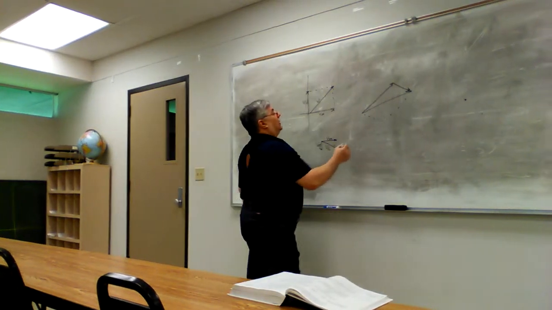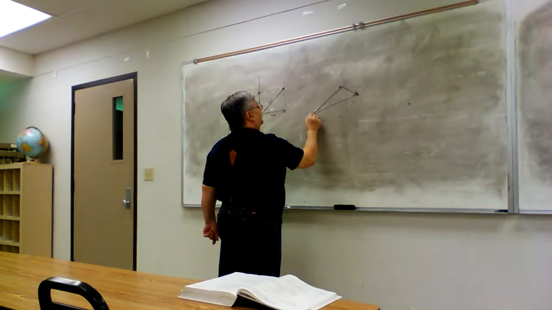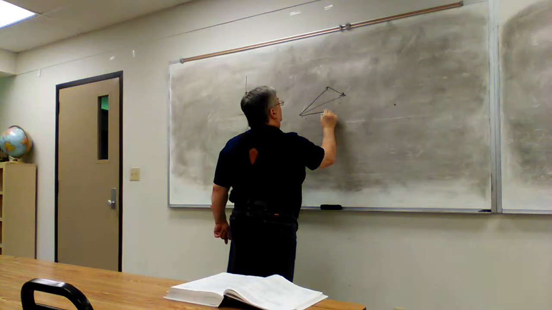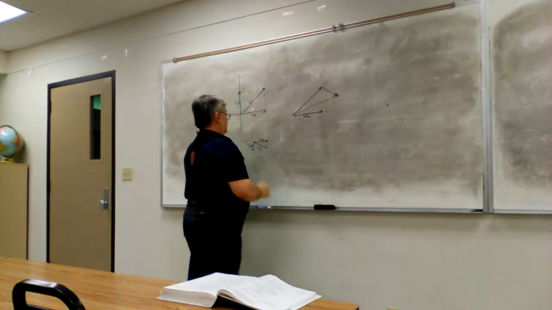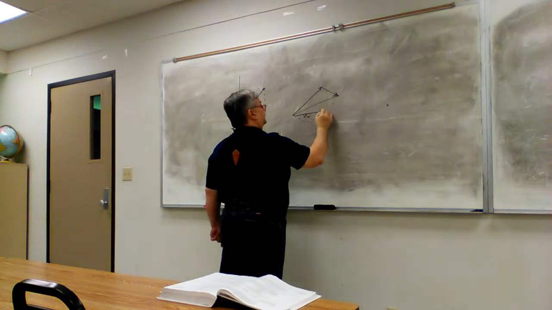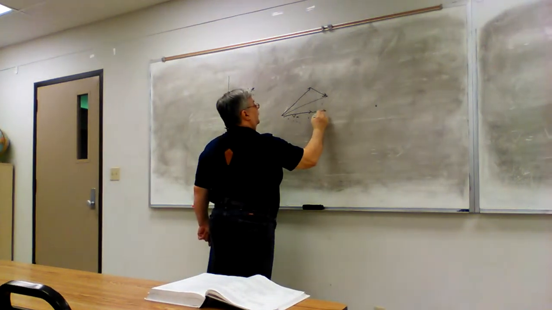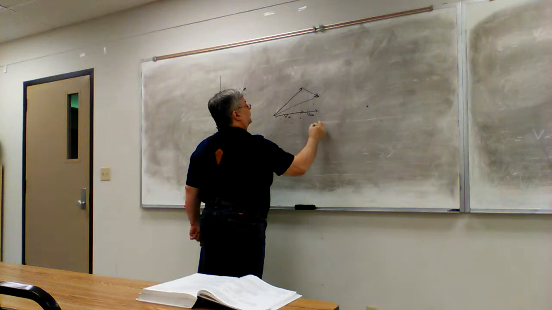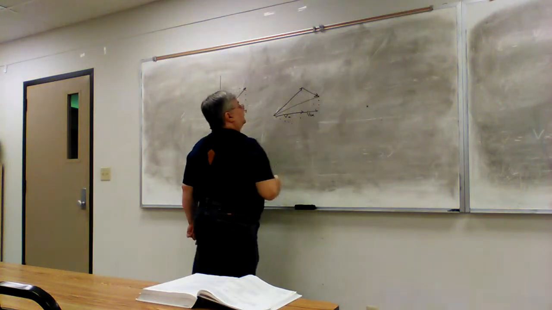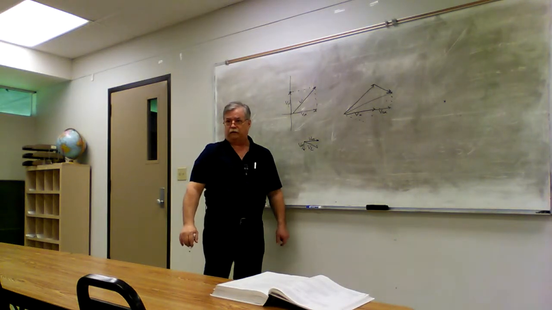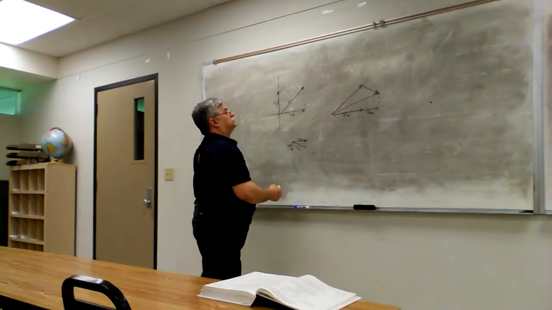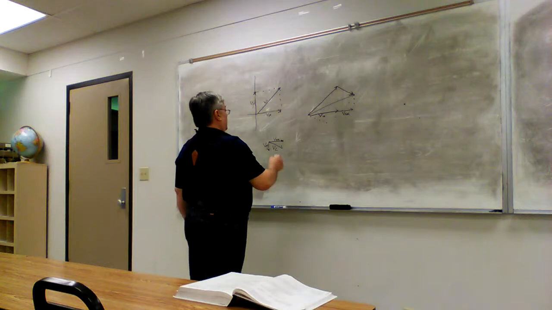So here we put V1 sub x, and then we add to that V2 sub x, that brings us to the horizontal end of our original vector.